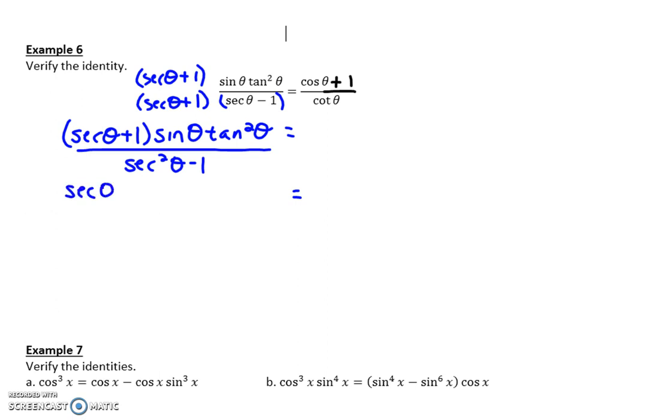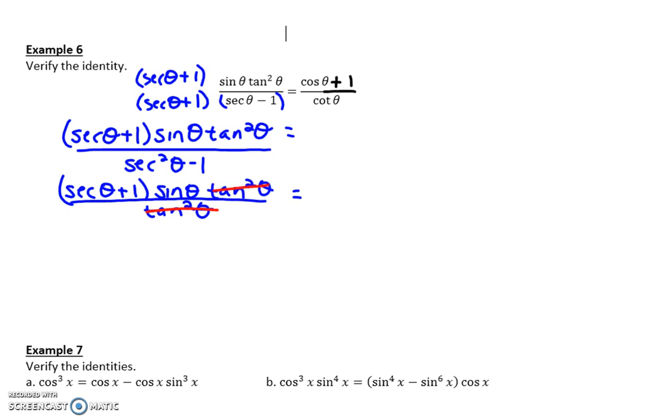So we have secant theta plus 1 in the numerator times sine of theta times tangent squared of theta all over tangent squared of theta. And that's why I did not distribute that, because now, since the numerator is multiplying 3 terms, we can cancel out that tangent squared.